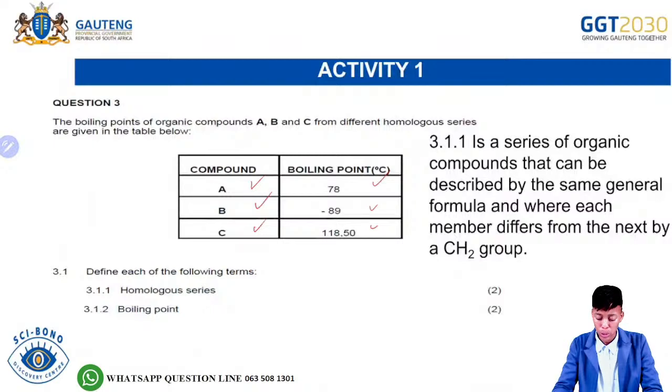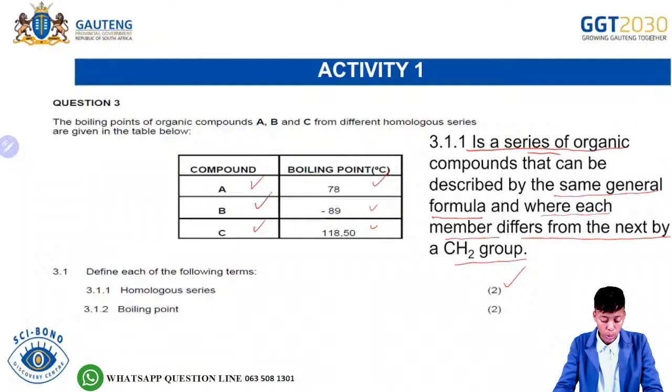You are not going to be getting half a mark. So homologous series is a series of organic compounds that can be described by the same general formula, and where each member differs from the next by a CH2 group. And that is for your 2 marks there.